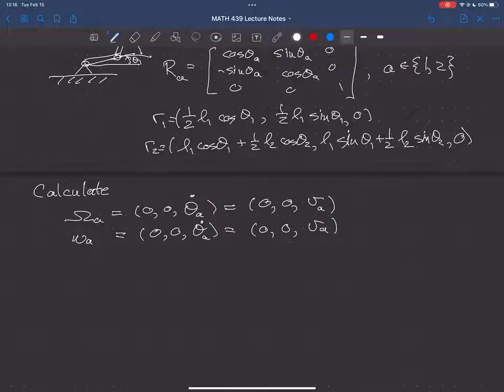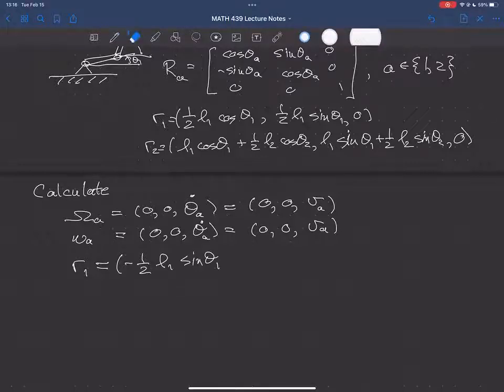All right, and then you have R1. Okay, so now you have to go and calculate the stupid thing, and so it's going to be 1/2 minus 1/2 L1 sine theta 1, and then you're differentiating with respect to time.